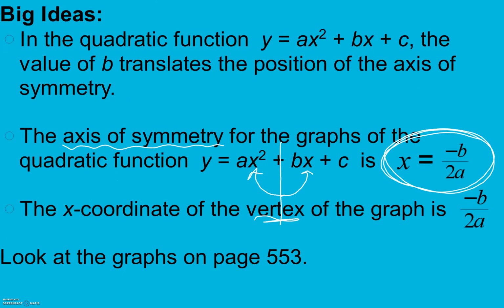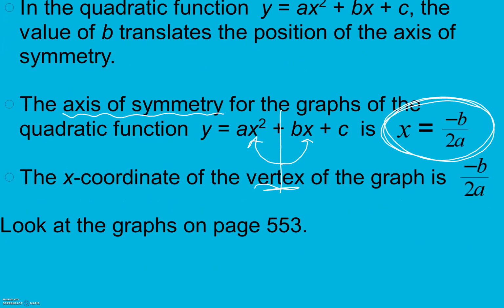If you look at the graphs on the bottom of page 553, one of them is y equals 2x squared minus 2x. And if you notice that one versus the ones that we've done before, it's shifted a little bit to the left. And that's because we have this bx in our formula. The ones that we did in section 9.1 were just x squared and a constant.